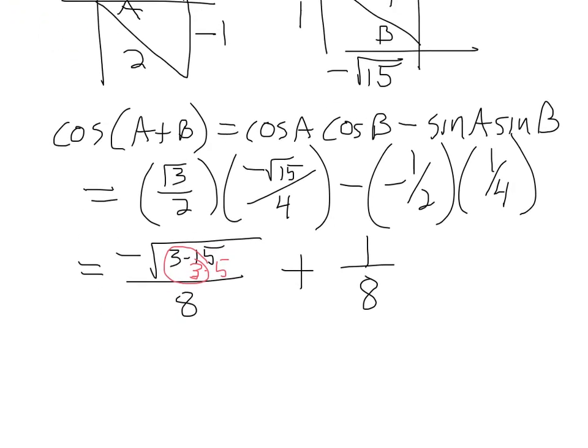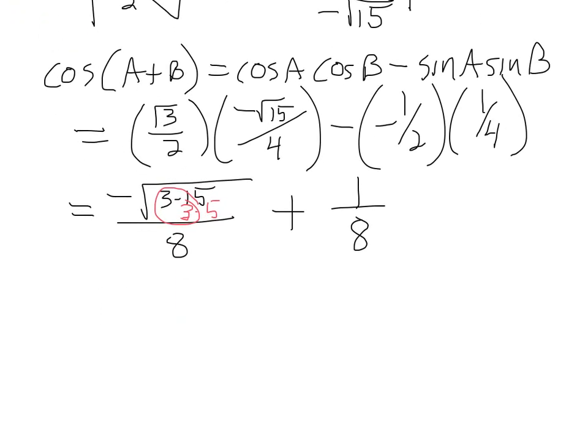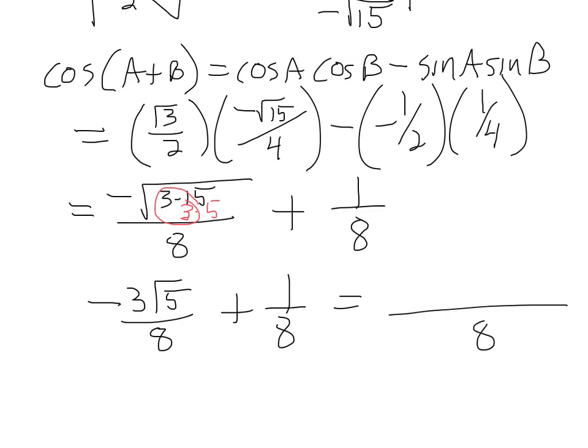This is negative 3 square root 5 over 8 plus 1 over 8. And maybe this is written as a common denominator. Then I put the 1 first because it's positive, and we get that. We're looking for a 5, make sure that's a 5 in your notes. Excellent.